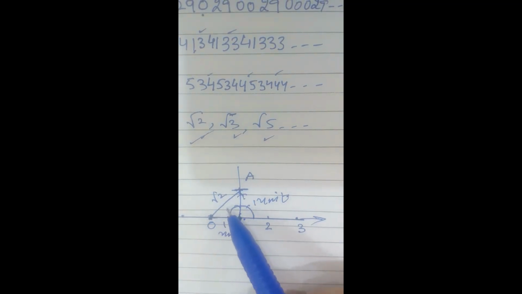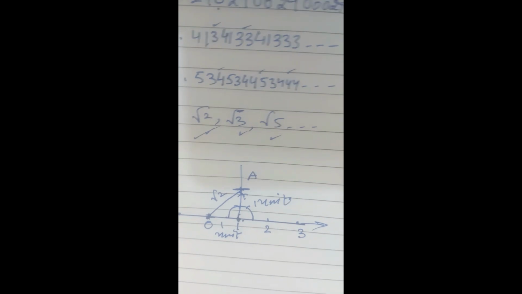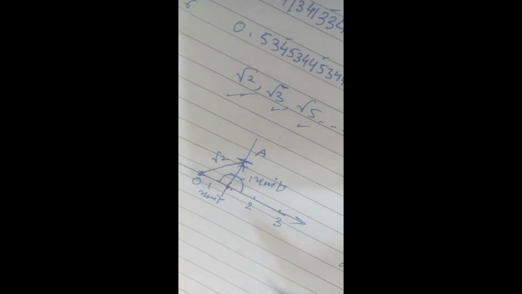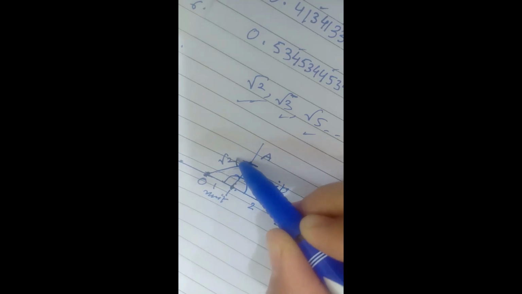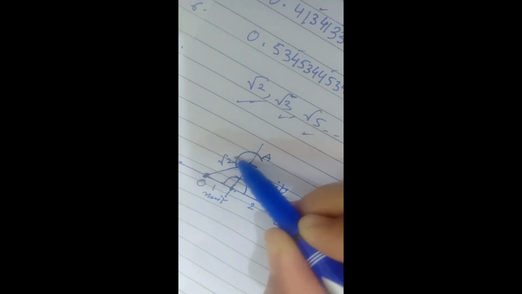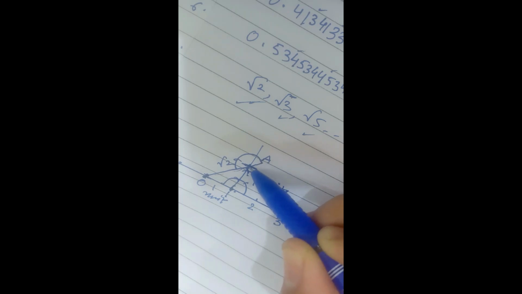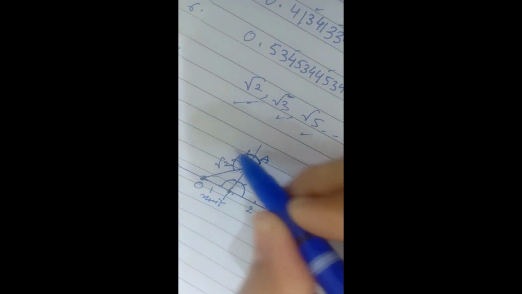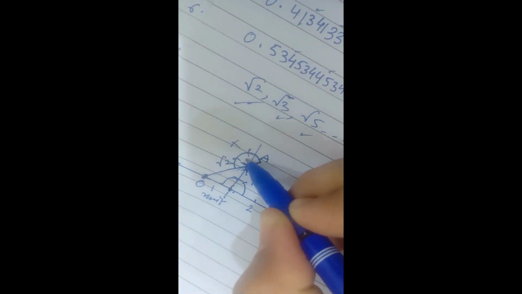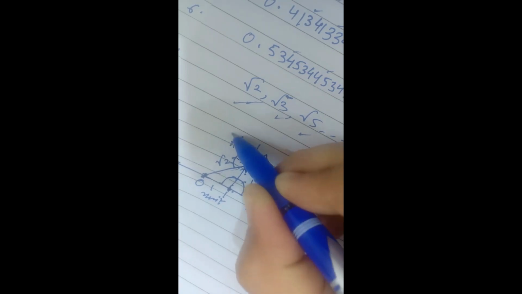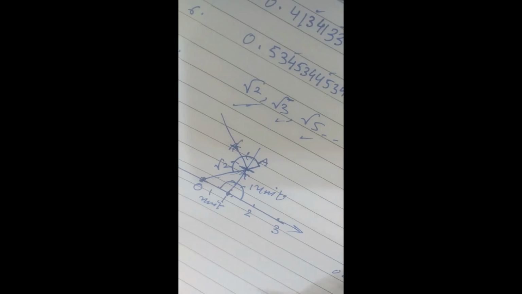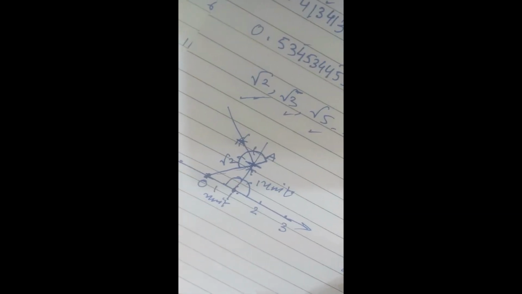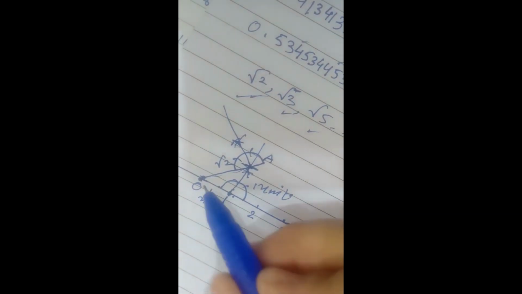So similarly, if you have to go for √3, what you will do, √2 you have obtained, you will just tilt the page and consider this as the number line. Now you will be constructing a little bit extension of the line here. You will be constructing an angle of 90 degrees. Sorry, I don't have the compass, so I have to just use it roughly, as we normally do on the board.